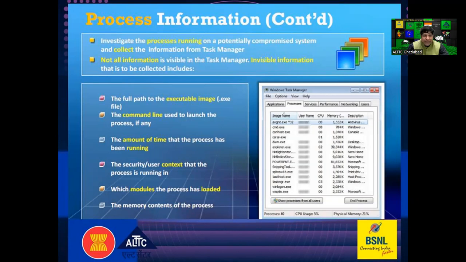Vital information to be collected includes the full path to the executable image, the command line used to launch the process, if any, the amount of time that the process has been running, the security user context that the process is running in, which modules the process has loaded, and the memory contents of the process.